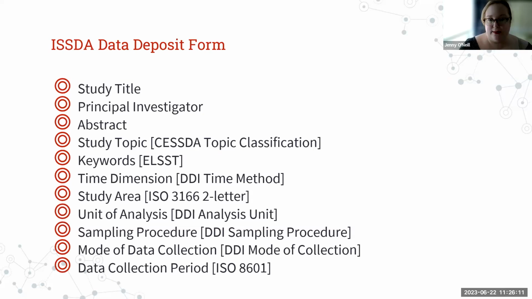The ISO 3166 two-letter code for the study area is the internationally recognized standard for countries. And then there are a number of standards which are also applicable specifically to DDI, which have been developed by DDI, and we will use those so that the metadata that we create are interoperable with other social science archives across Europe.